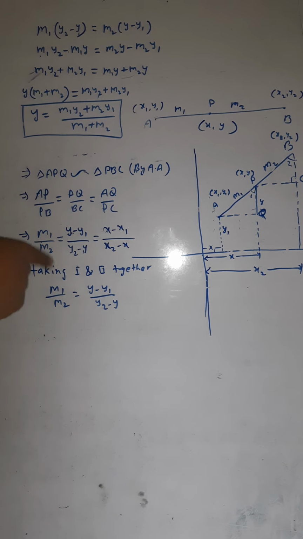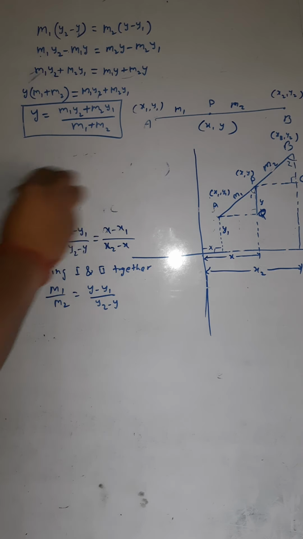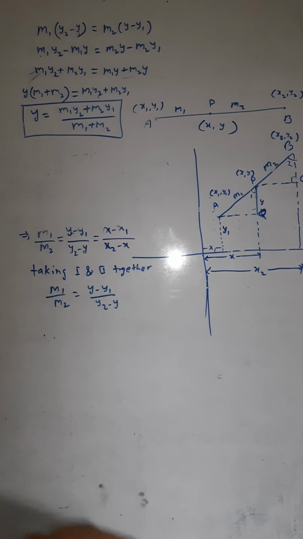Now I will take first and third together. Let me write here, taking first and third together. So first is m1 by m2 is equal to, third one is (x minus x1) divided by (x2 minus x).